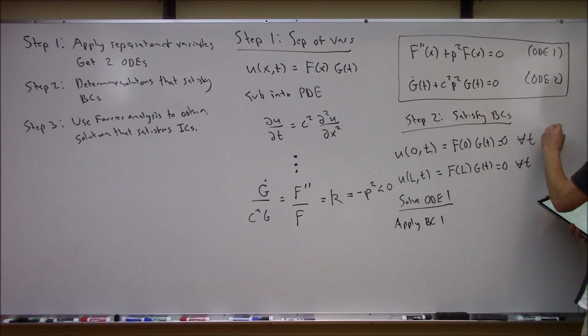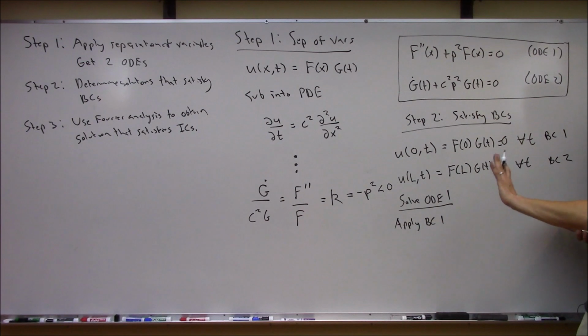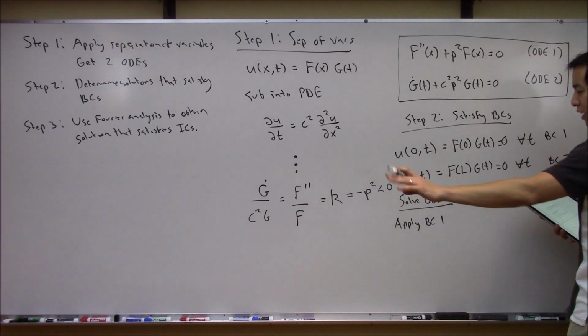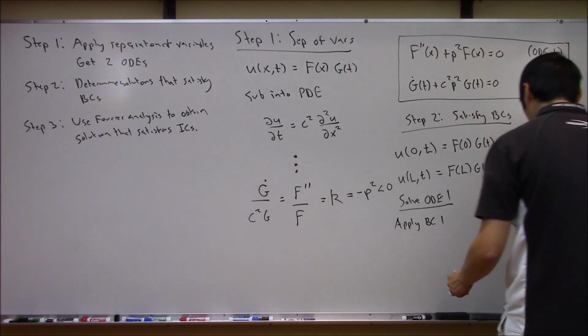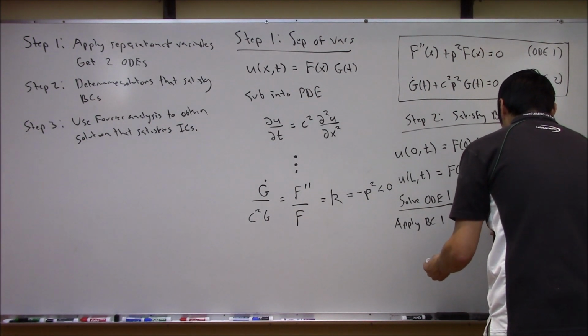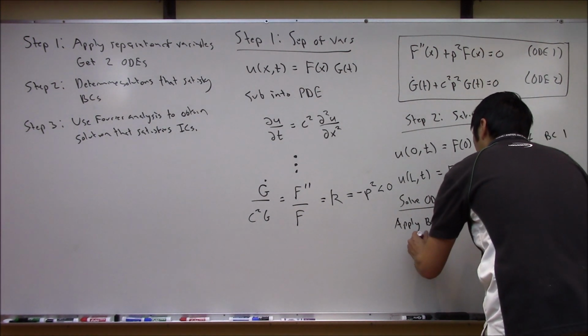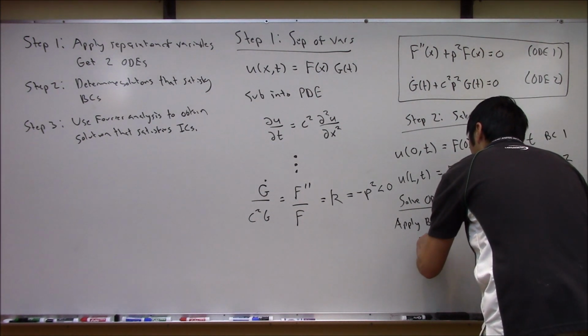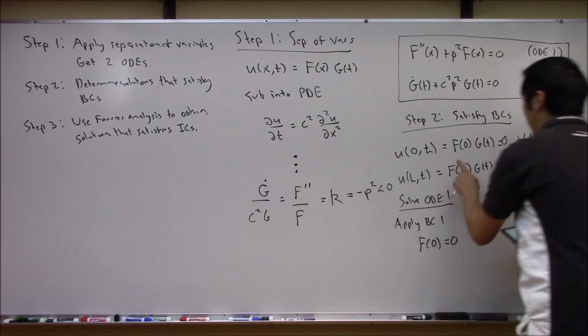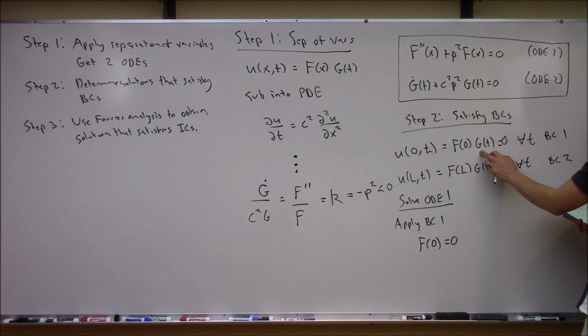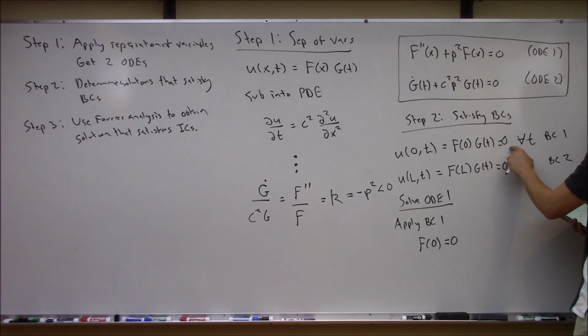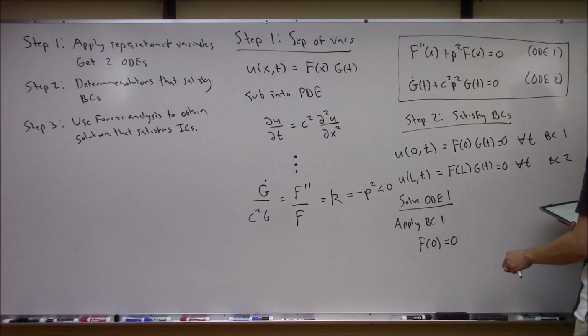This first one is boundary condition 1, and this is boundary condition 2, okay? So let's apply boundary condition 1. Basically, what does the left side of the bar have to look like, right? In this case, boundary condition 1 is saying that f of 0 has to equal 0, right? You get that here. Since g can be anything, the only way this is going to be true for all t is if f of 0 is 0, okay?